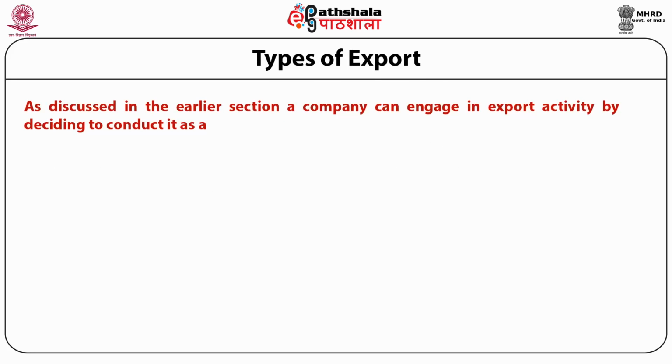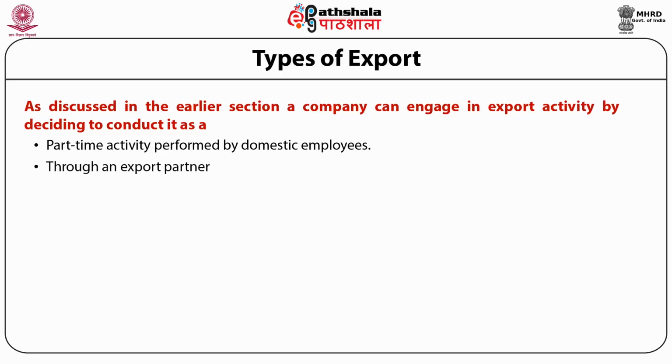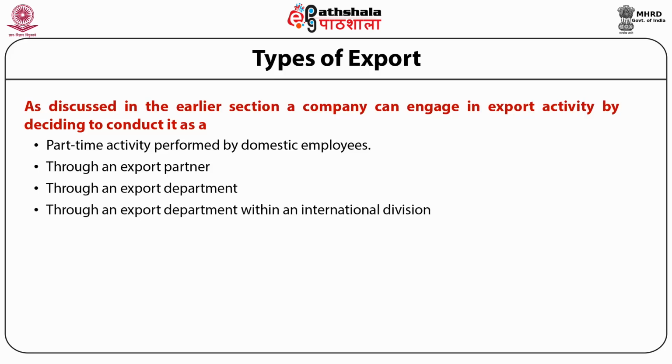As discussed in the earlier section, a company can engage in export activity by deciding to conduct it as a part-time activity performed by domestic employees, or through an export partner, or through an export department, or else through an export department with an international division.